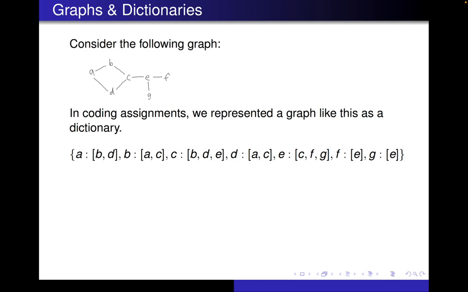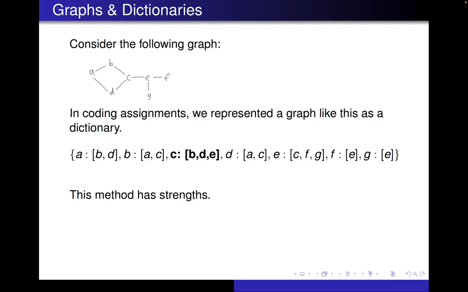The keys are the vertices themselves, and the values for each key are the vertices that they're adjacent to. So for instance, if we look at that middle one with C colon the list B, D, E, that tells us that C is adjacent to B, D, and E, and no others. And if you look at the graph, certainly C has an edge with B, D, and E, and doesn't have an edge with any other vertices.